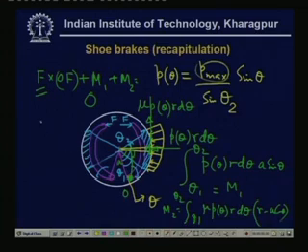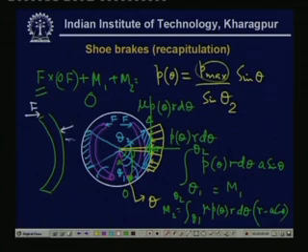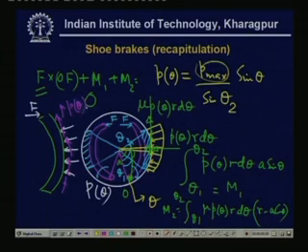Now, once you draw the free body diagram of this caliper, there are forces F here, then distributed pressure P theta and friction force mu times P theta, and those are balanced by these reaction forces R x and R y.